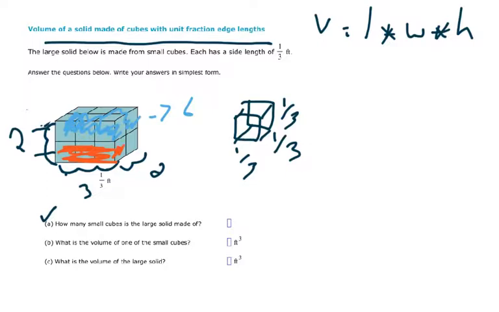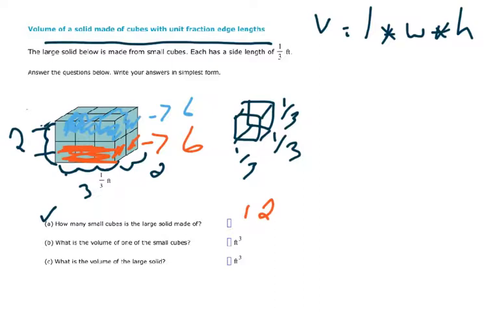And then you should know that there's another 3 behind it. 1, 2, 3. So this row also has 6. So how many small cubes is the large solid made of? It's 12. It has 12 small cubes. 12 of the small ones make up the large one.